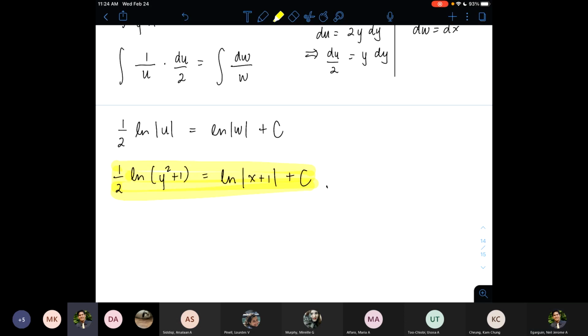But if you are required to solve for y in terms of x, actually you'll have two functions here, because you have y squared plus 1, then you take the square root, so you get plus or minus the root of something.